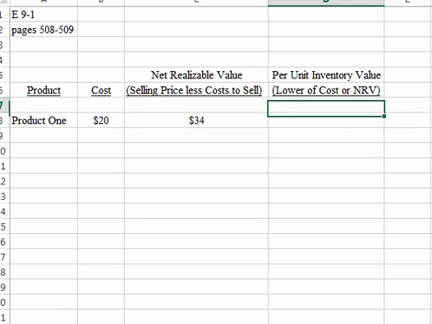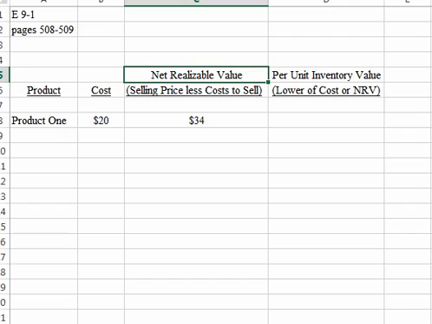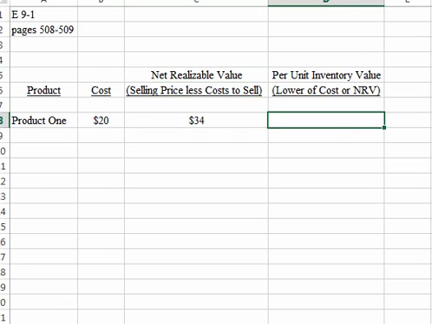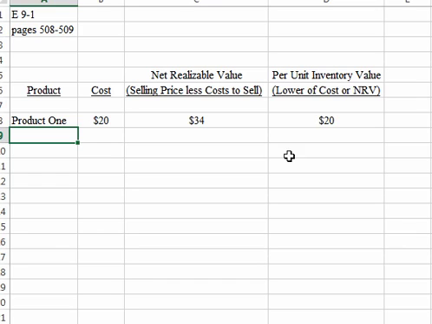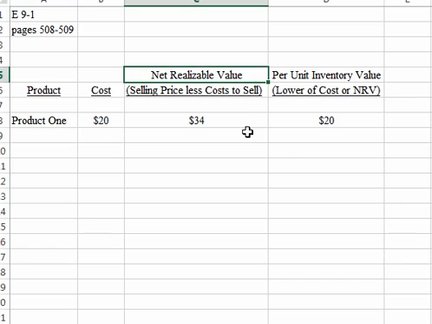Now our per unit inventory value would be the lower of cost or net realizable value. In this case, cost is the lower of the two, so we'll go with it. I hope that makes sense. If the net realizable value, the selling price less the cost to sell, is below cost, then we'd report the inventory at its net realizable value.